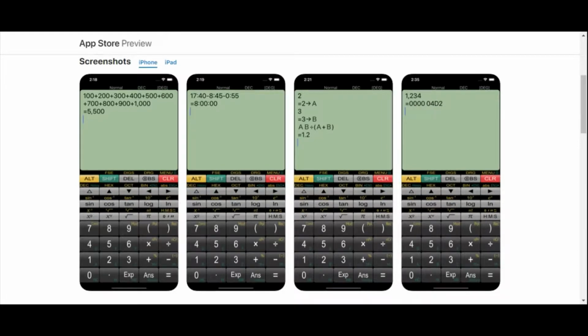If you have an Android, then the best app for now is the Real Calc Scientific Calculator.